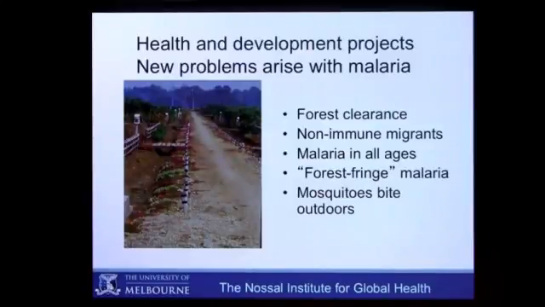And what happens there, rather than people being infected at night when they're sleeping, it happens during the daytime in the forest. Now, this will become important later when I explain about our control methods. So the mosquitoes bite outdoors during the day, and malaria occurs in all ages.